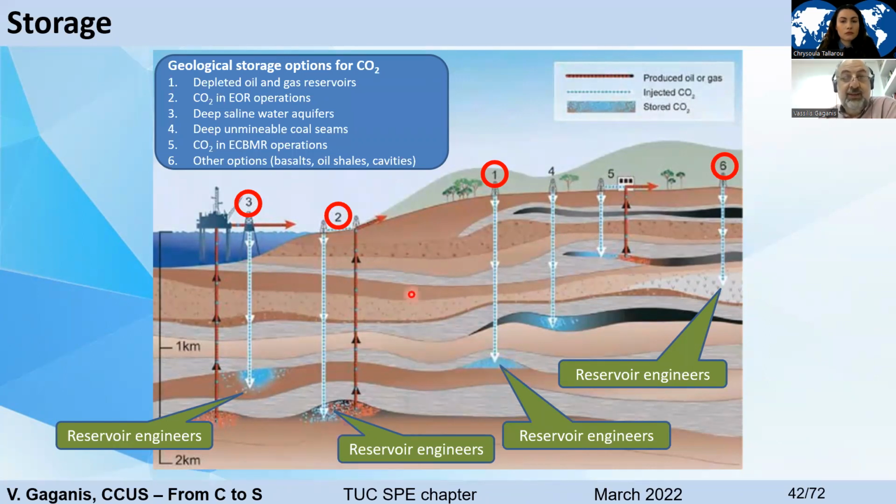Second option is to use CO2 for EOR, as explained before. Now, in that case, we need once again to think, how much CO2 can we store? Well, if we start injecting CO2, then it will push the oil and it will get mixed with the oil. But unavoidably, one day, this CO2 will arrive at the production well and it will be driven to surface.